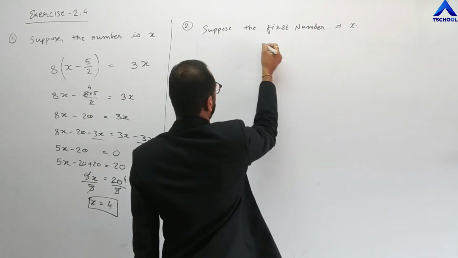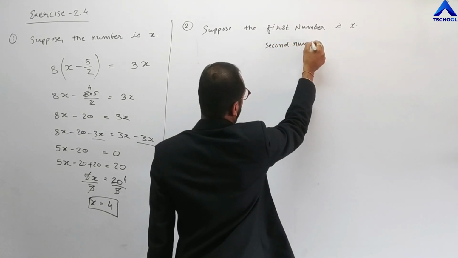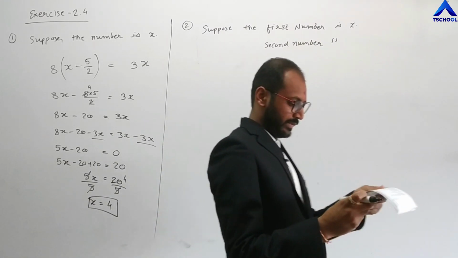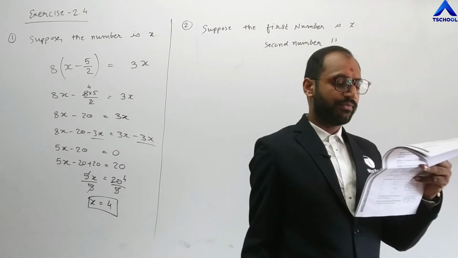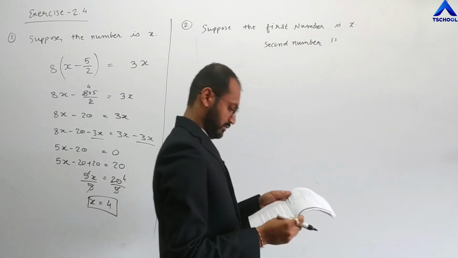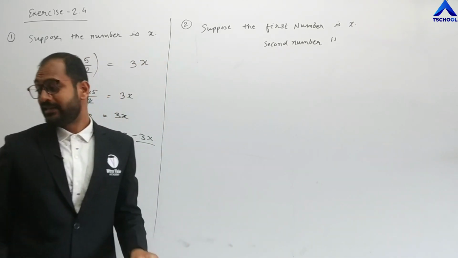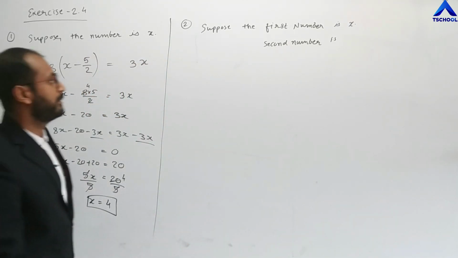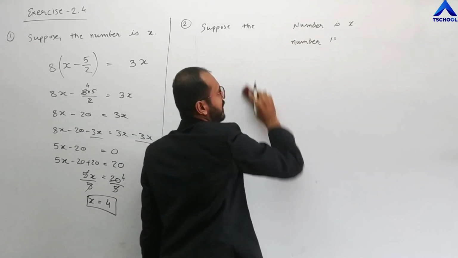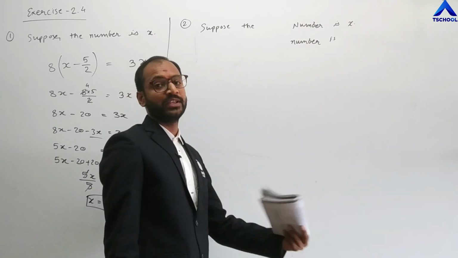First number is x. So the second number should be, according to the question, the positive number is 5 times the another number. So the another number, let me change this supposing position. That means the another number should be the main number, because the positive number is 5 times the another number.